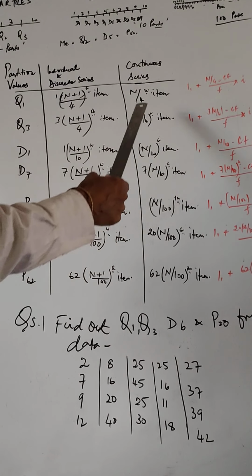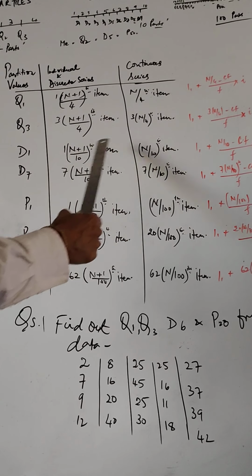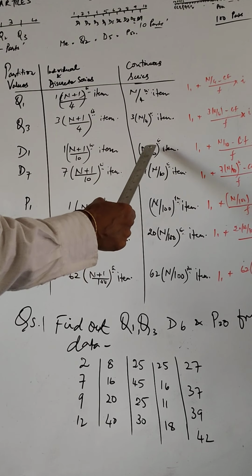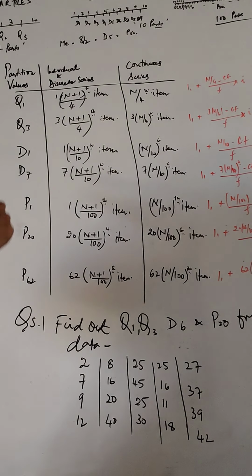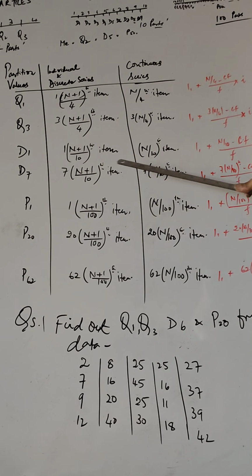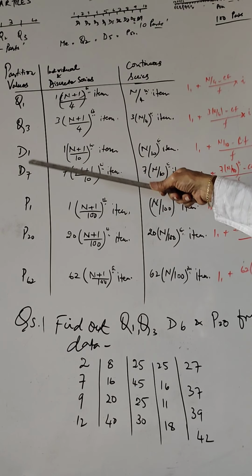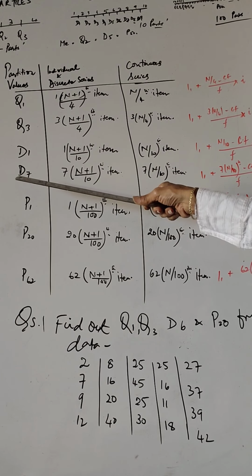In the continuous series, the size of the n by 10th item will tell you where D1 lies in the class interval. Now D7: 7 into n by 10th item. The size of this will tell you in which class interval D7 lies.